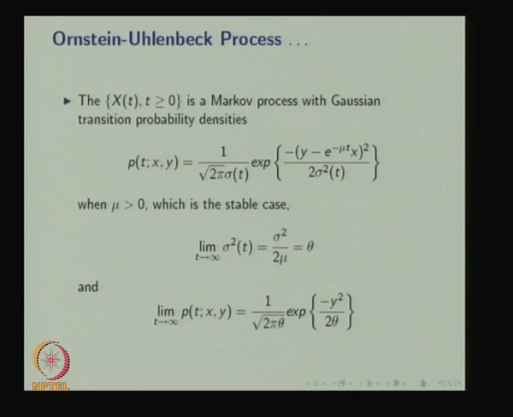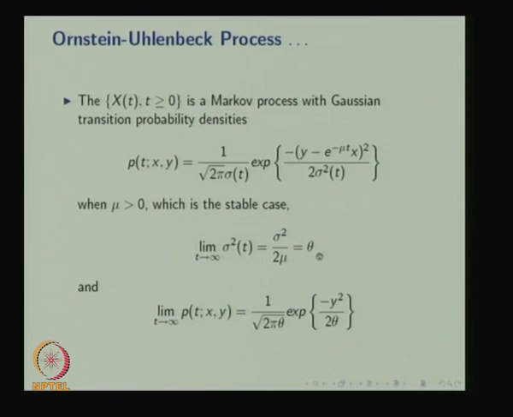Also we can prove that the solution x of t is a Markov process with the Gaussian transition probability density in this form. In the stable case, as t tends to infinity, sigma square over something is nothing but some theta.